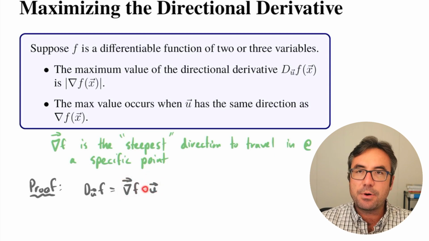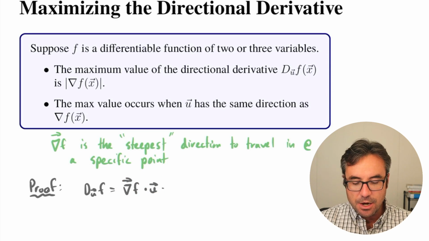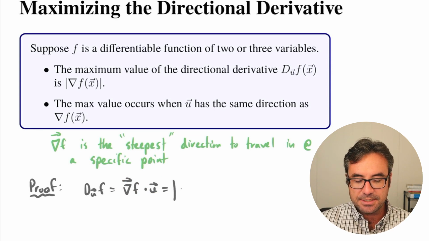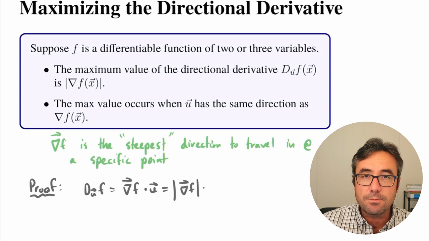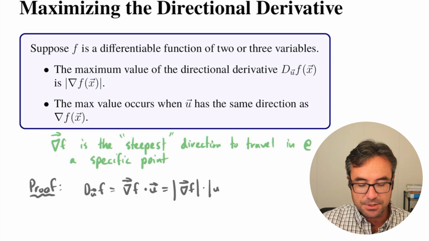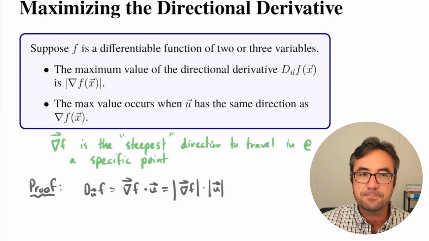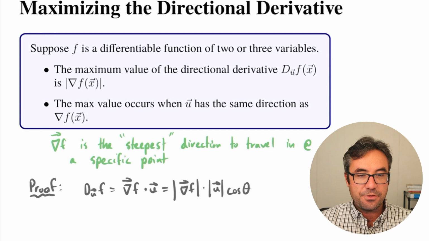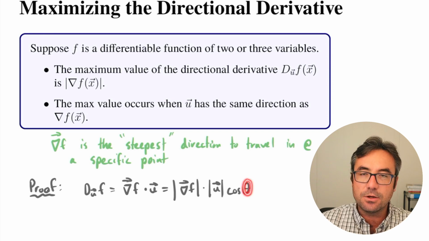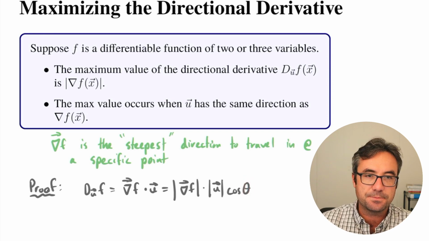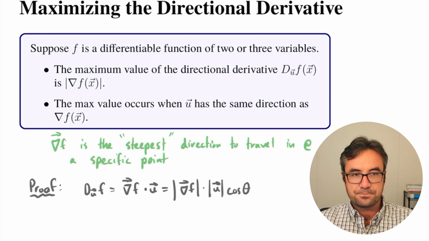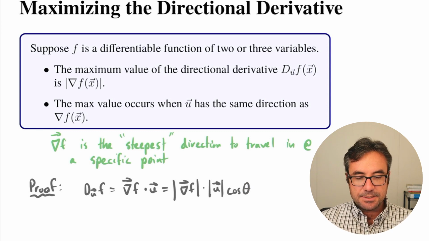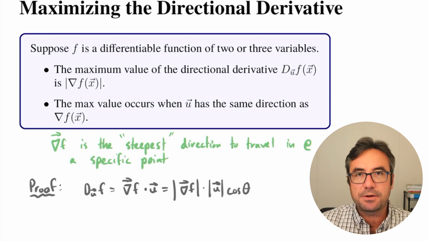And when we do the dot product of 2 vectors, another way to calculate it is the length of the first vector, just regular multiplication now, times the length of our unit vector, times cosine of theta, where theta is the angle in between those 2 vectors.